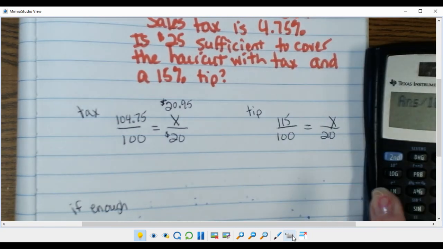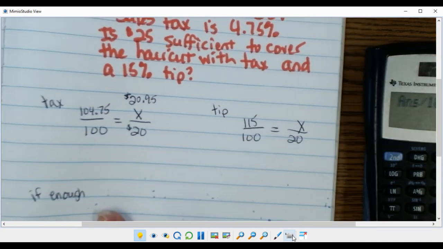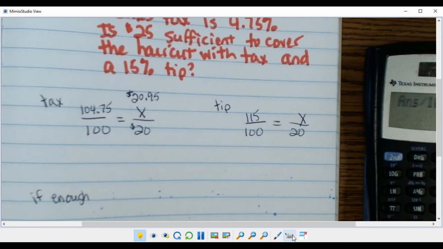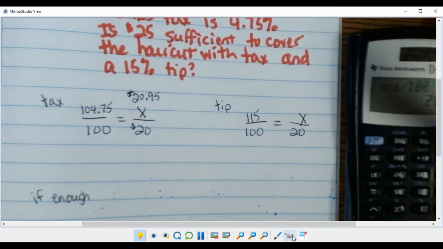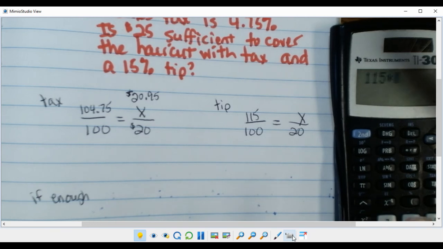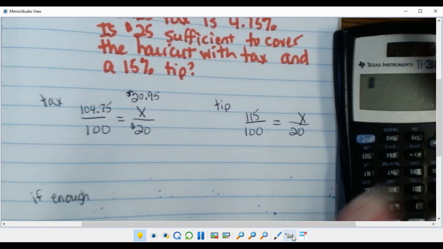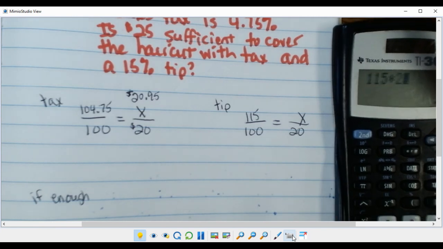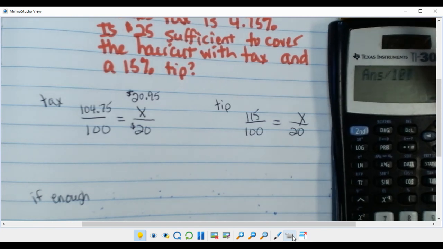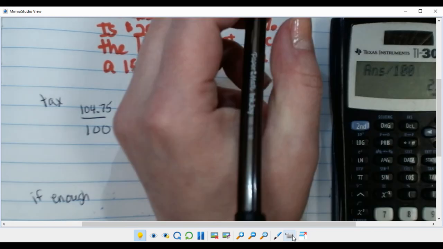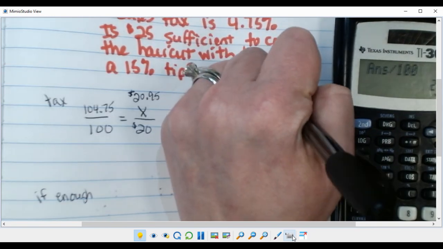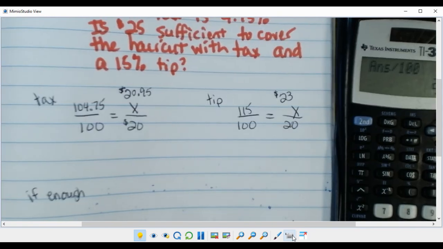Now, usually, you're saying goodbyes and you want to give your hairdresser, your barber, whoever, a tip. You kind of do that off to the side, just talking to them personally. So I'm going to multiply here, 115 times 20 divided by 100. Now, let's discuss this.